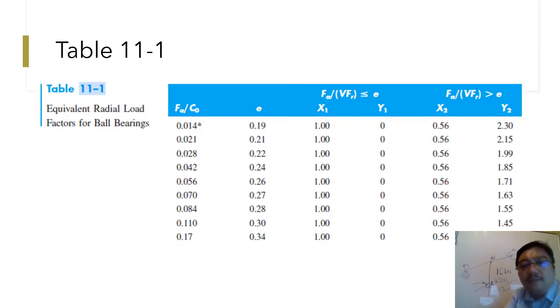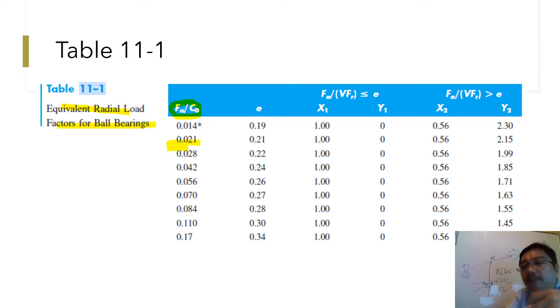This is table 11.1, equivalent radial load factors for ball bearing. You divide FA by C naught and you get this answer. Your answer may be in between this. If you get the answer that's satisfied, okay, stop your calculation. If not satisfied, continue the calculation until you get the value that you are satisfied.